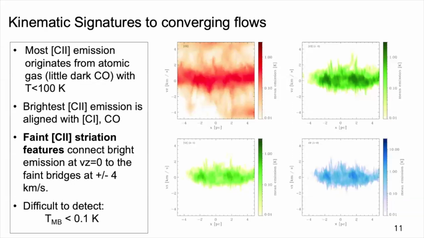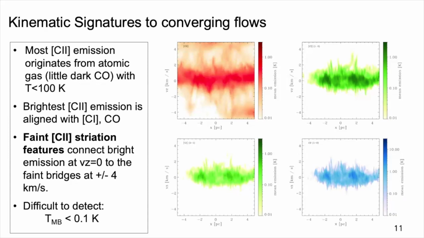Anyhow, that's our signature for looking for accreting flows or converging flows onto molecular clouds. They said this would be really hard to detect, but they suggested finding a compact molecular cloud and sampling around that molecular cloud to look for these striation features that are offset from the main velocity of the cloud.